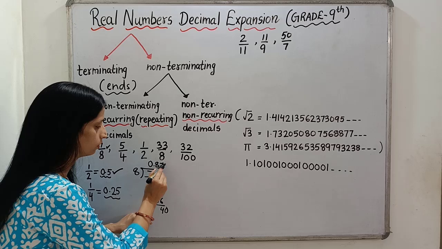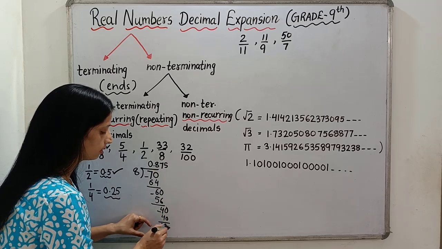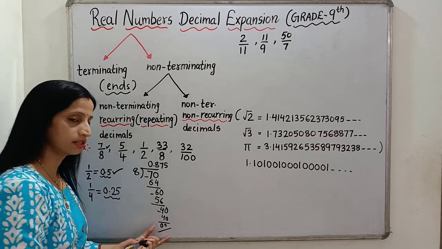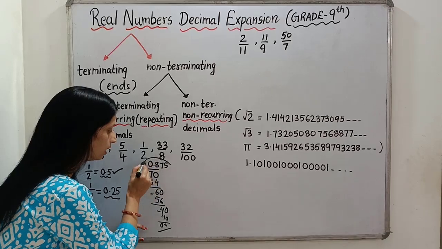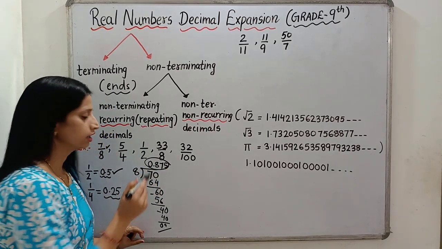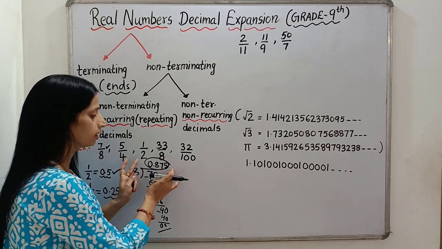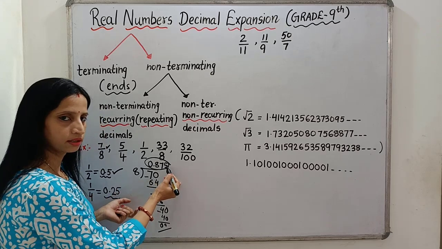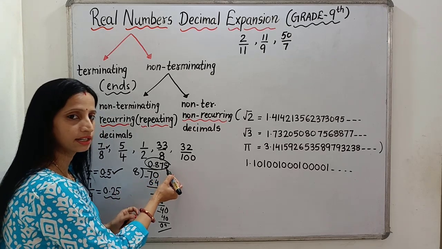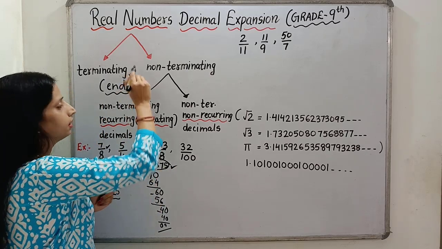So put 0. 8 5s are 40. So this means again we are getting remainder as 0. Here remainder is 0. This means this is again a terminating decimal number. 0.875 we got this. So in this case our division is ending after 3 decimal places. After the decimal point there are only 3 digits. Hence it is a terminating decimal number.